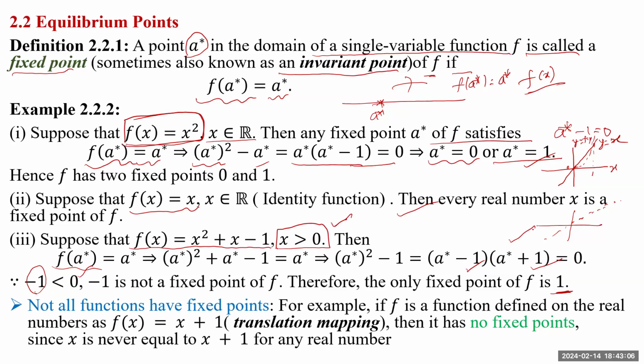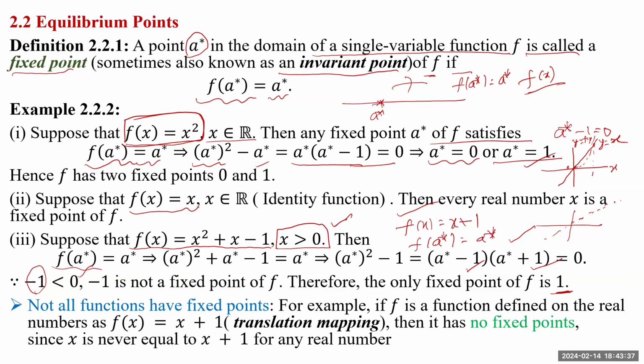Can you expect any function to have no fixed points? Yes, there are some such functions. You can see the example: f(x) = x + 1. Which point satisfies f(a*) = a*?